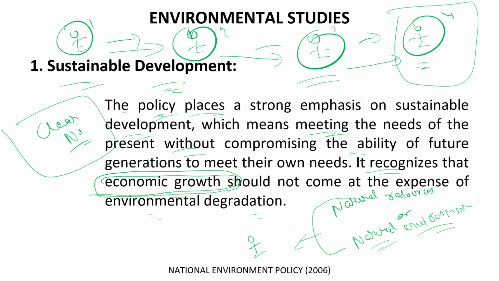Then it's a clear no. Okay. So that's why it is said that we should do sustainable development, so we can use the resources to meet our demand and use them in such a way that they can be used in the future as well for our upcoming generations. That is our goal. Okay.